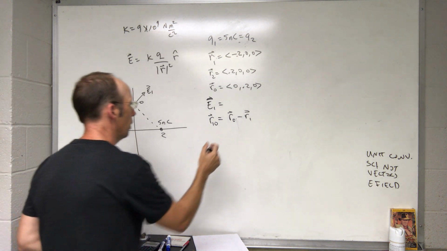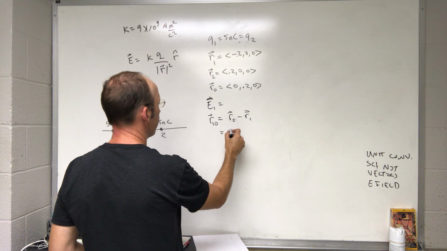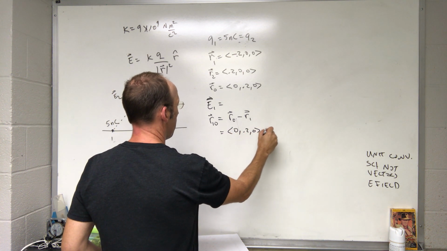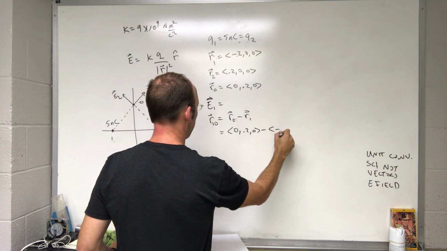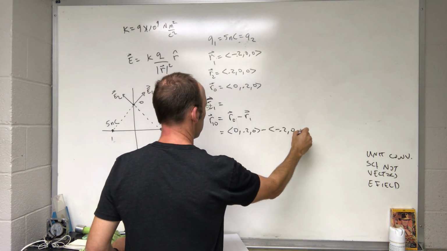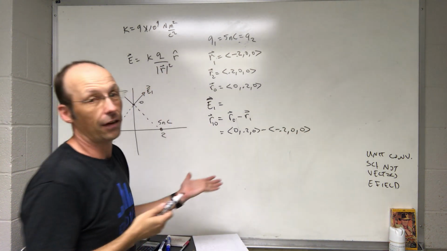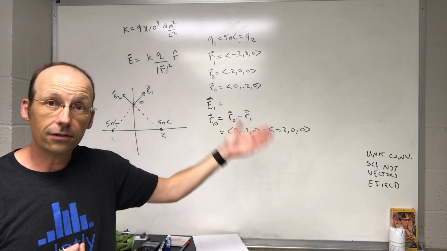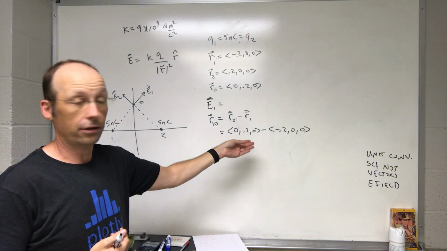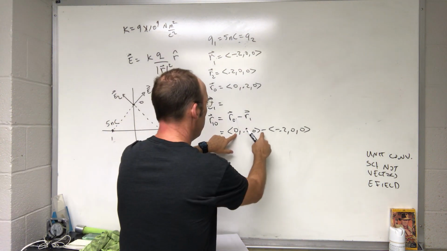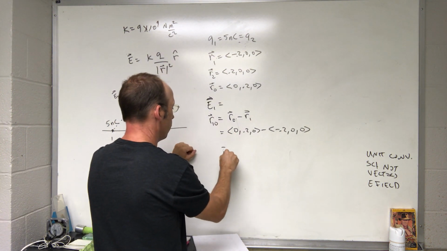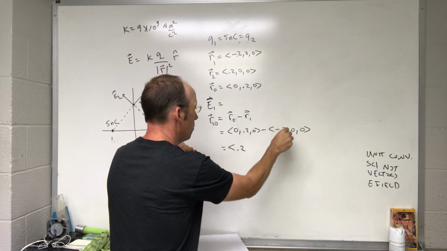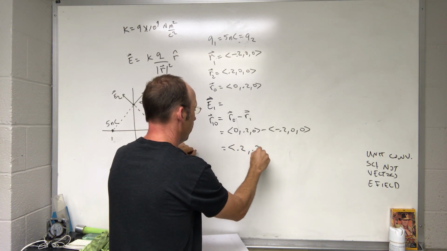Okay, so let's write this out. R observation is (0, 0.2, 0) minus (negative 0.2, 0, 0). I left off the units. When I put things in component form, it's easy to do the subtraction: 0 minus negative 0.2 is 0.2. 0.2 minus 0 is 0.2.